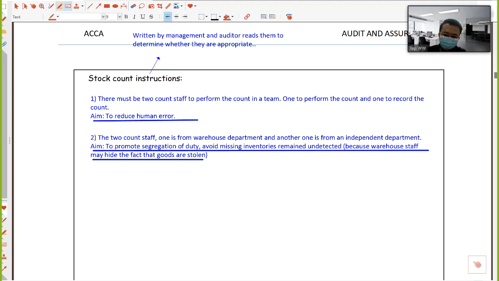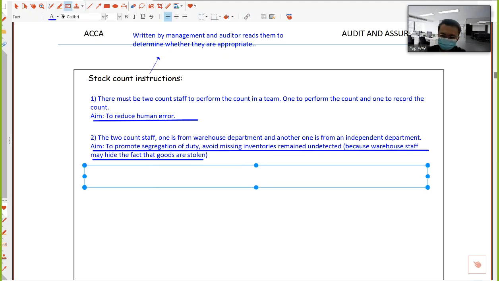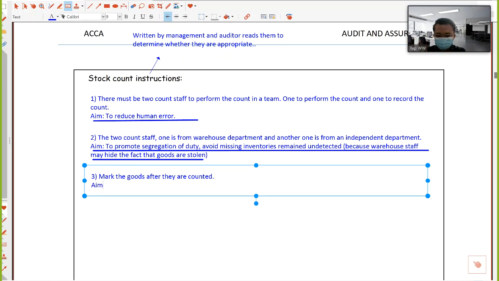Okay, number three. Mark the goods after they are counted. Okay, mark the counted goods. The reason is very simple: avoid double count.